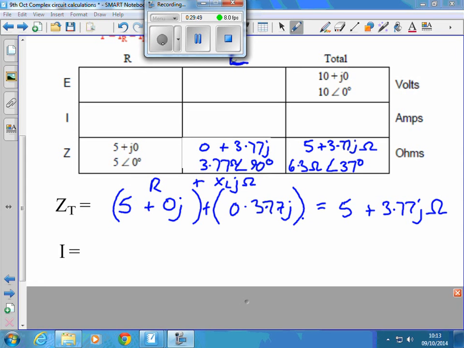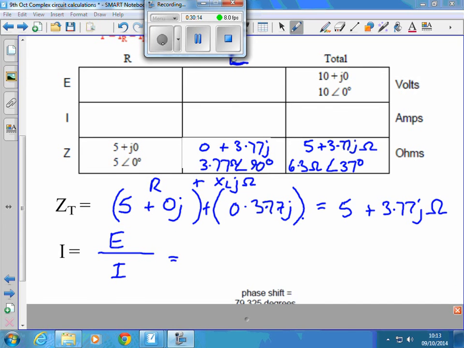So now we've done that, we've got a voltage, and we've got an impedance. We can find the current, can't we? It's going to be Ohm's law, E divided by Z. We need to use them in complex form.